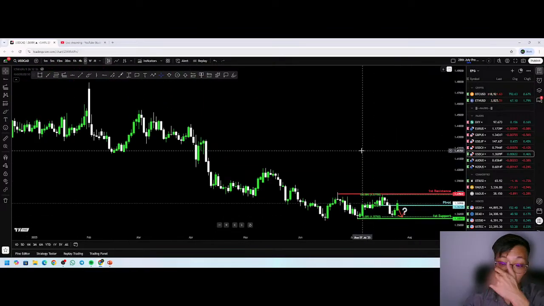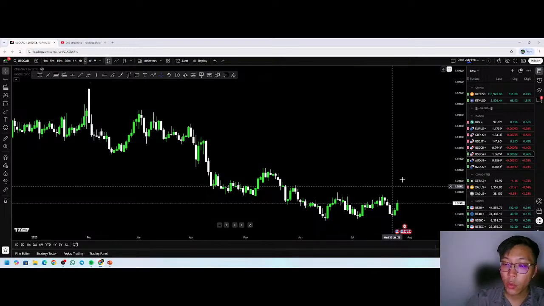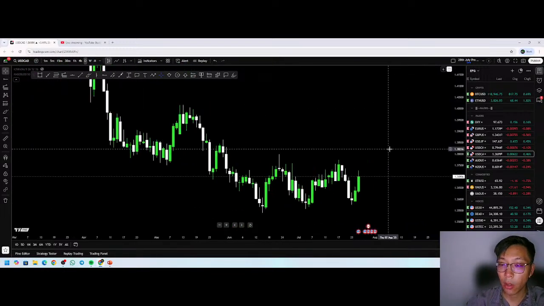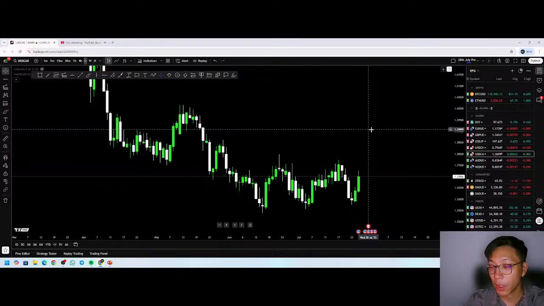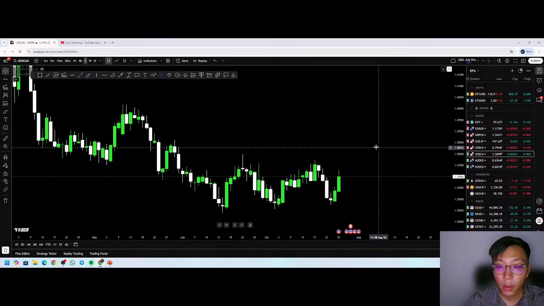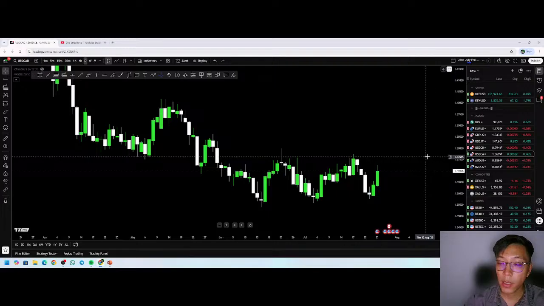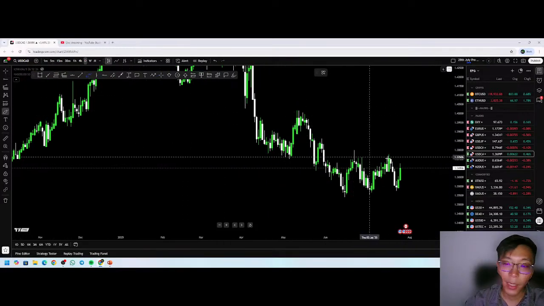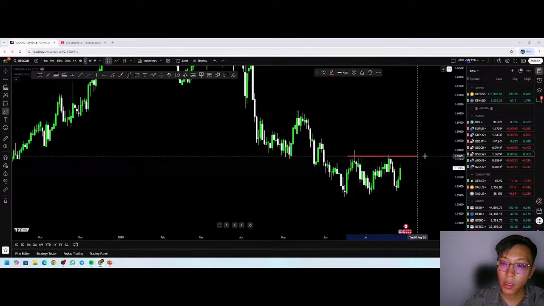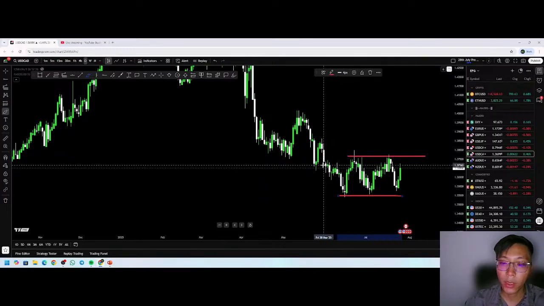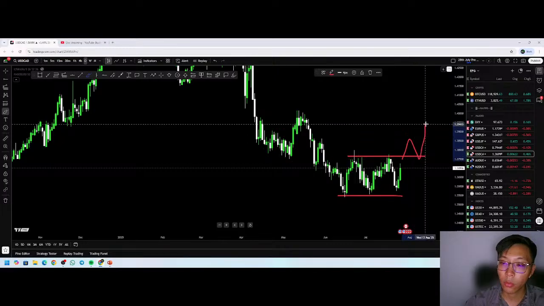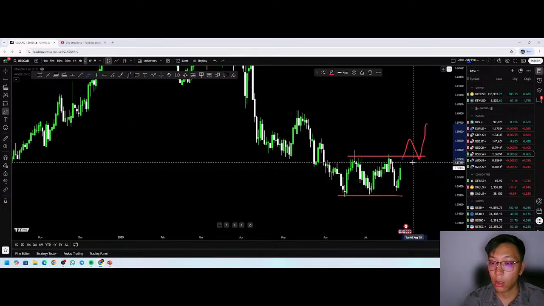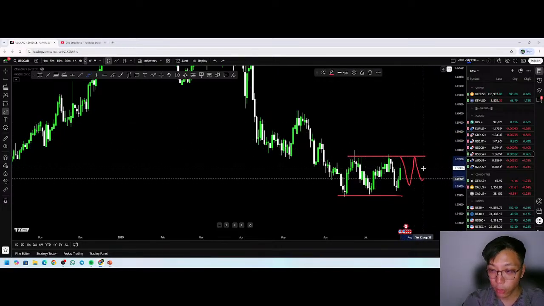Alright, then here comes the important part, USD CAD, because we have a lot of CAD news upcoming this week, right? So let's take a look at where we might go. If you look at USD CAD, it's trading within this zone, waiting to either break out towards the upside, or continue to trade within this zone.